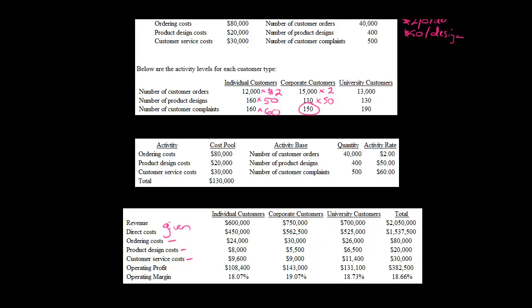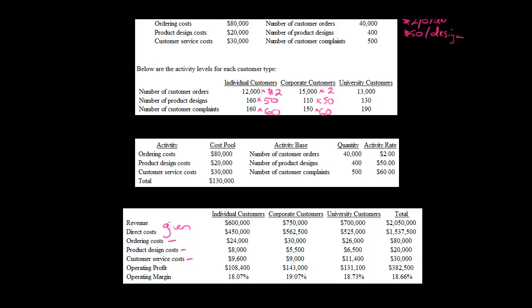And then 150 customer complaints were related to the corporate customers, and $60 was our rate that we calculated for that. So 60 times 150 is $9,000. And again, we take our revenue for the corporate customers and then subtract all these costs, and that gives us an operating profit of $143,000 and an operating margin of 19.07%.